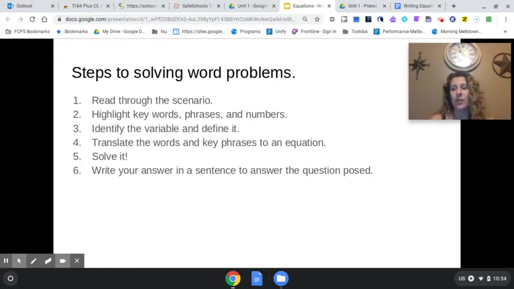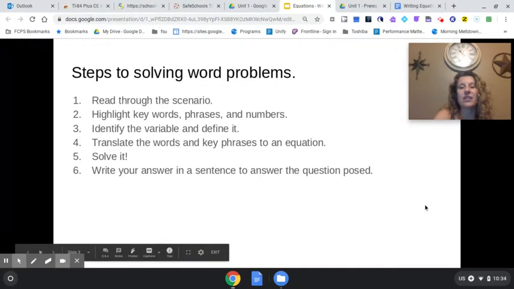So those would sound like let X equal the number of cars, or let P equal the number of people. Then we want to translate the words that we've highlighted and the key phrases that we've highlighted into an equation. Of course, we're going to solve it. And then we want to make sure that we're writing our answer in a sentence so that it does answer the question that was posed to us.